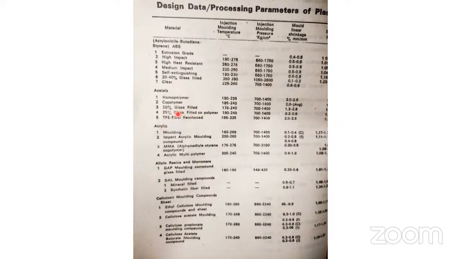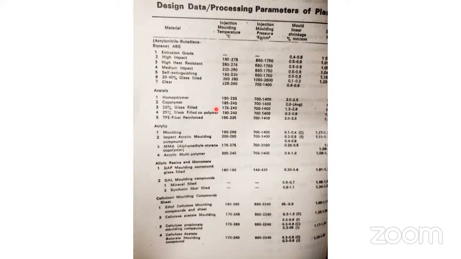If you see Delrin now, there are two types of Delrin. Yesterday I told you, homopolymer and copolymer. Now homopolymer Delrin, if you see the temperature, 180 to 235, copolymer slightly 5 degrees increase. If you add 20% glass in Delrin, see the temperature of barrel 176 to 240, you have to adjust there.